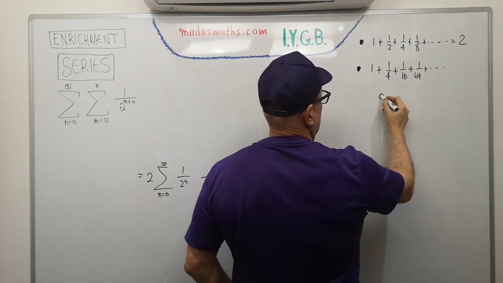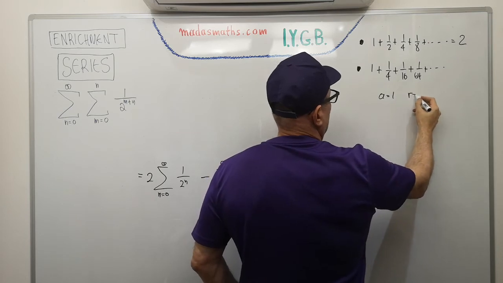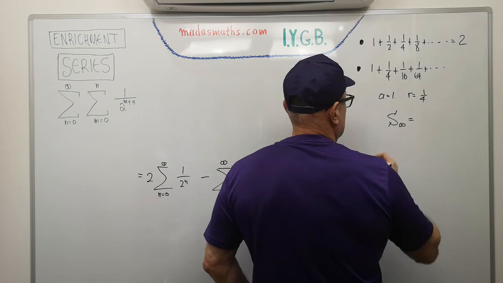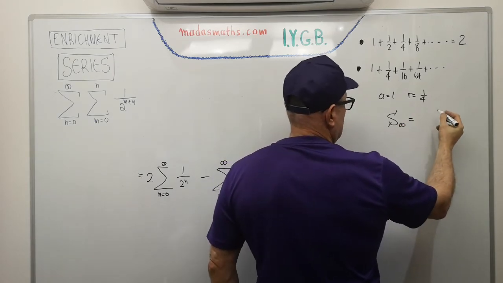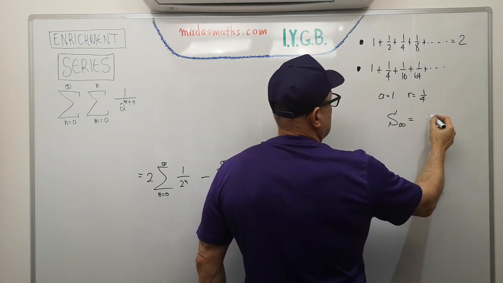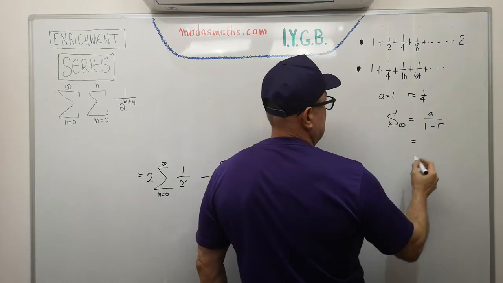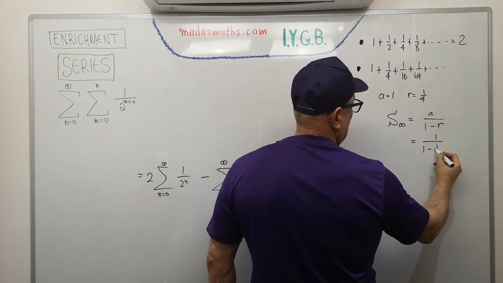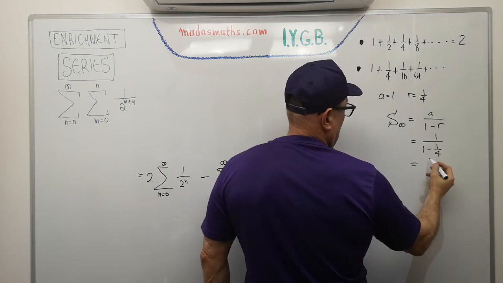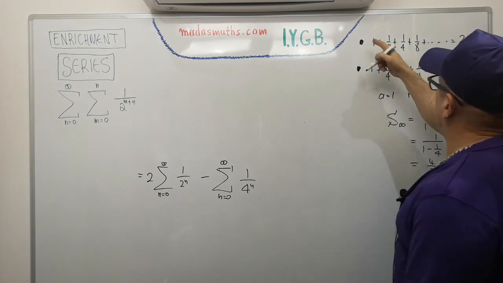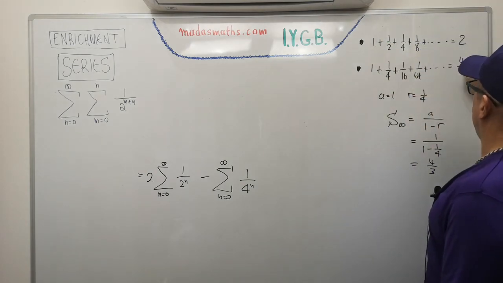So first term is equal to 1, common ratio is a quarter, and the formula for sum to infinity of a geometric progression, so long as the common ratio is numerically less than 1, is equal to a over 1 minus r. So in this particular case it will be 1 over 1 minus a quarter, which is 1 over 3/4, which I'll make 4/3. Okay, so this is equal to 4/3.